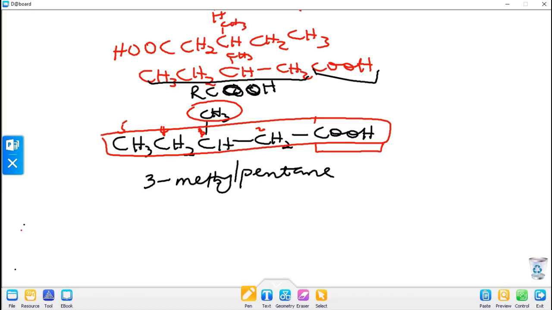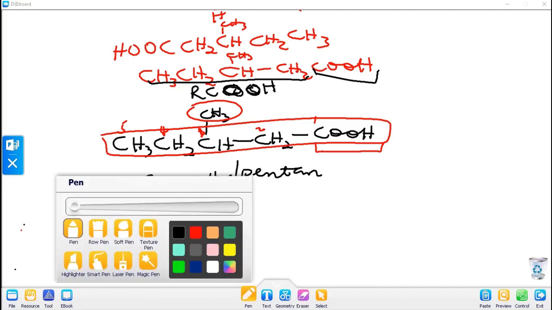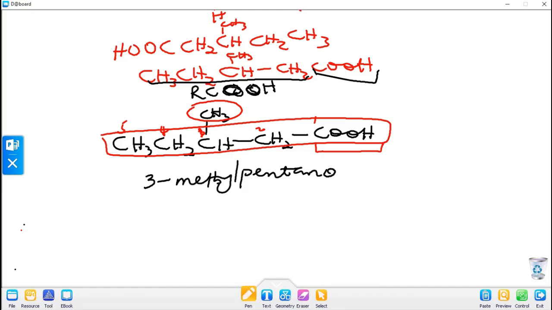So instead of having it as 3-methylpentane, since there are 5 carbon atoms there, the E will be replaced with oic acid because of the presence of COOH. COOH is a functional group. So the name is properly called 3-methylpentanoic acid. So that's the name of the structure.